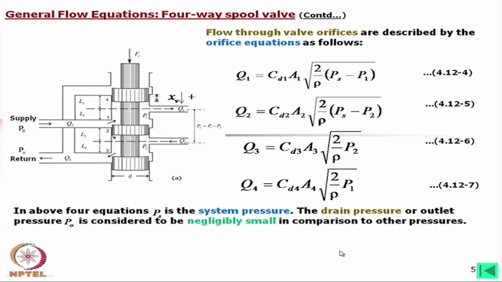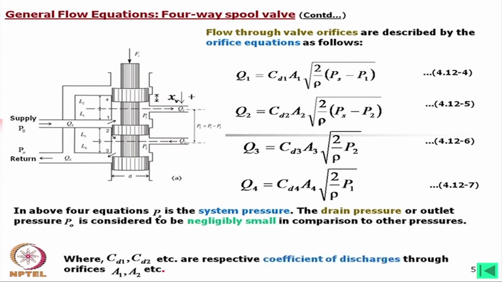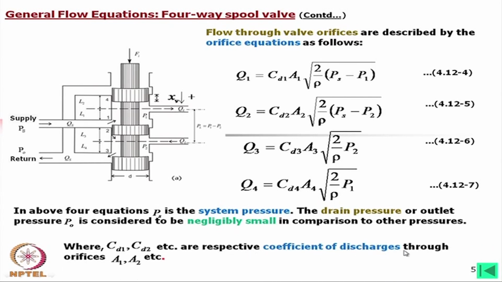Now, another thing I would like to mention: CD1, CD2, CD3, CD4, we have considered 4 different coefficients of discharge through A1, A2, A3, A4, but it can be shown that for such orifices of a valve, these 4 coefficients of discharge are more or less equal, and in general a single value is considered for that. Okay.